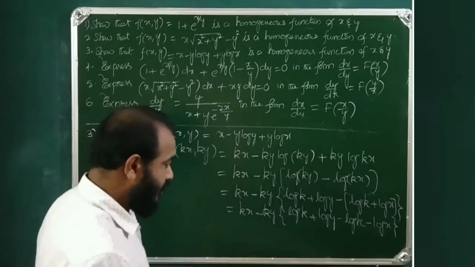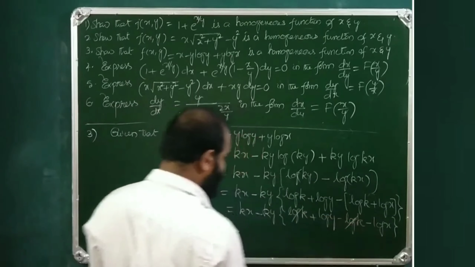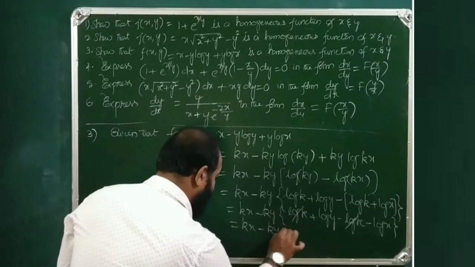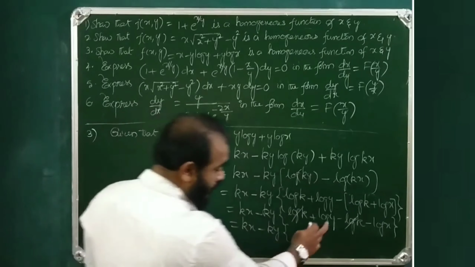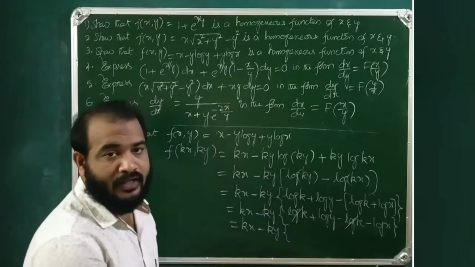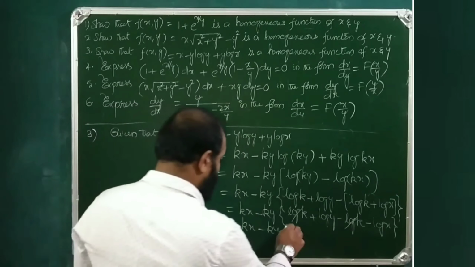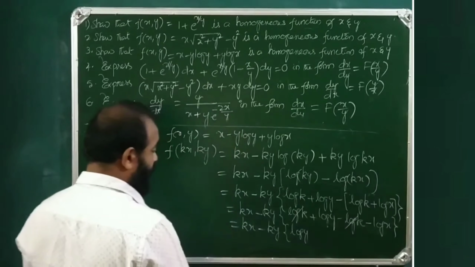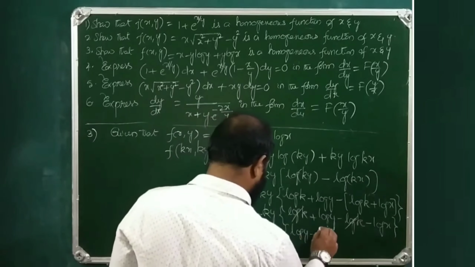So log k gets cancelled. So this is kx minus ky into log y minus log x. Log a minus log b is log a by b. So this is log y minus log x.